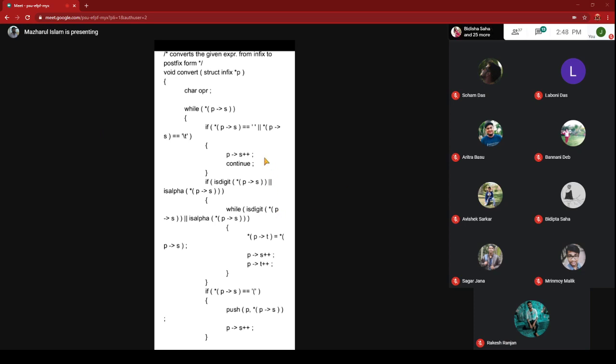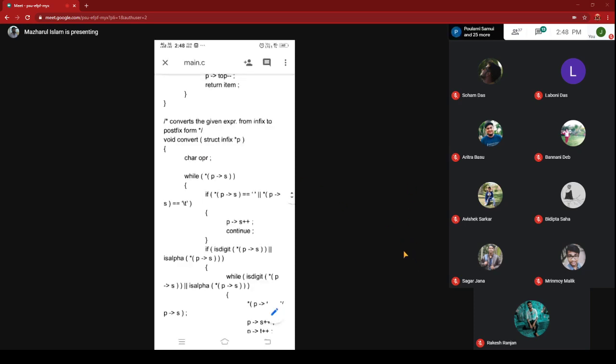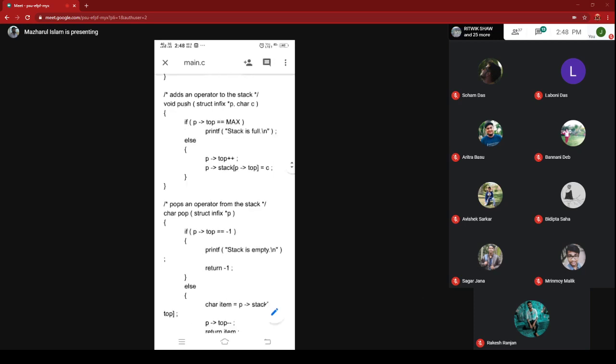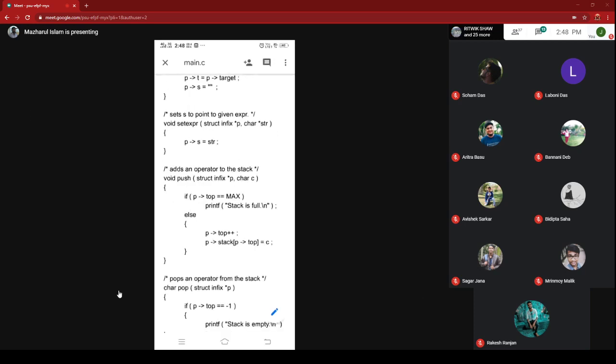So the second statement is the while loop with star p arrow s. That means you are reading the input string from left to right. The set function is initialized: p arrow s is equal to the string, initially pointing to the string.